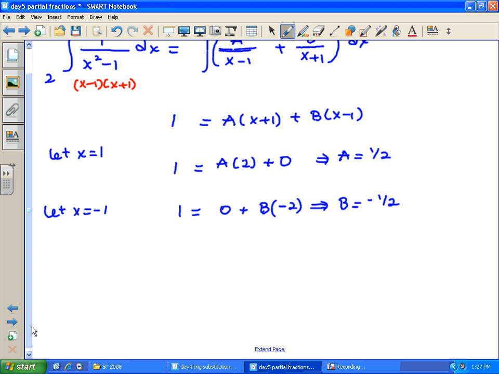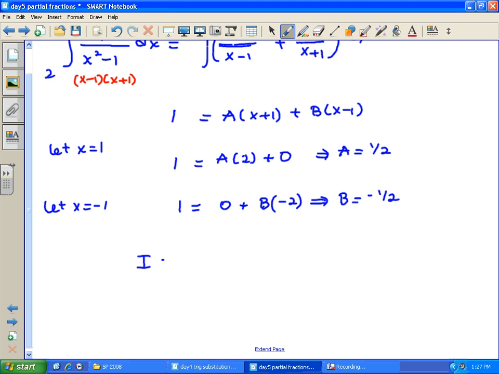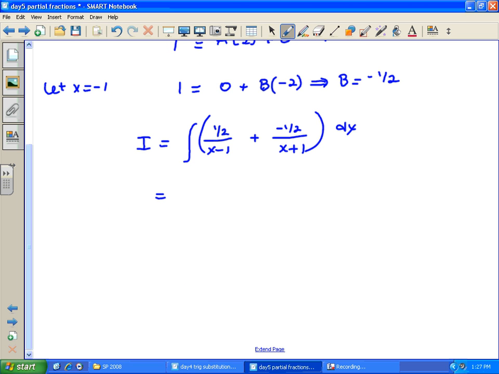So the given integral becomes a over x minus 1 plus b over x plus 1, and those constants can be factored outside one at a time.